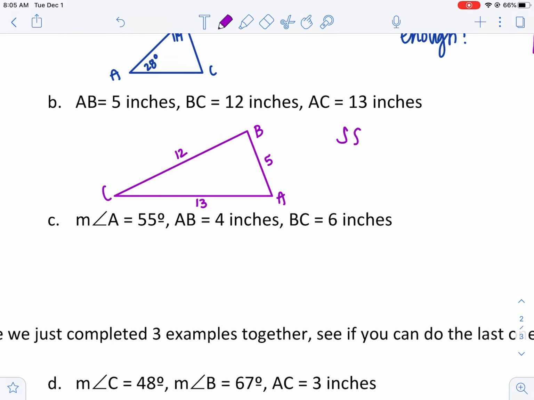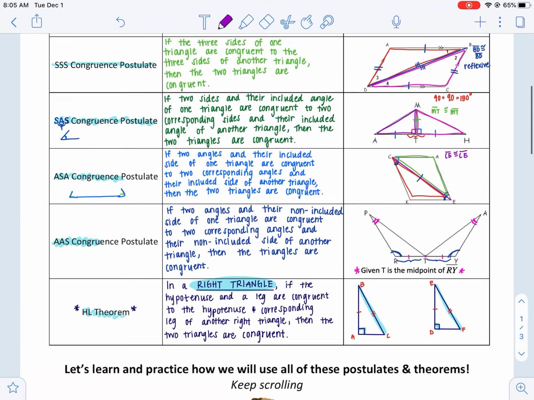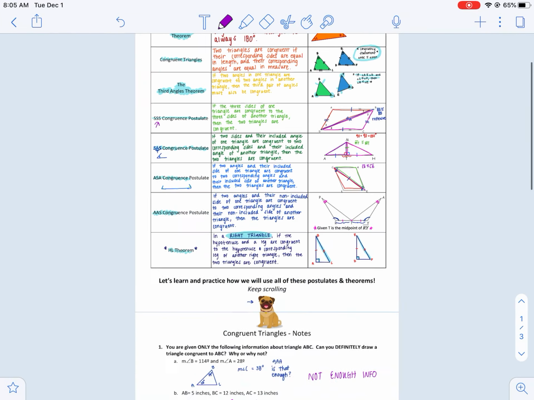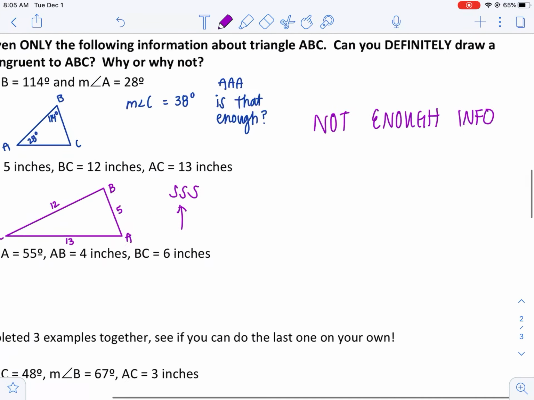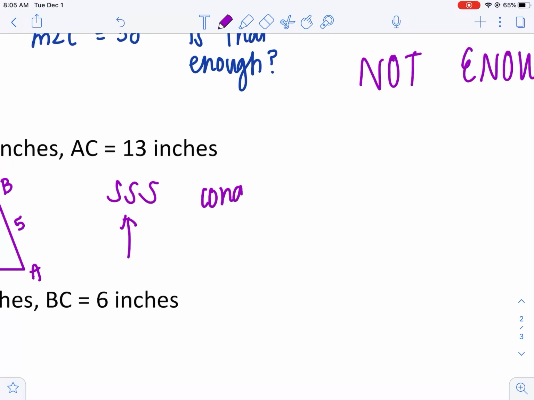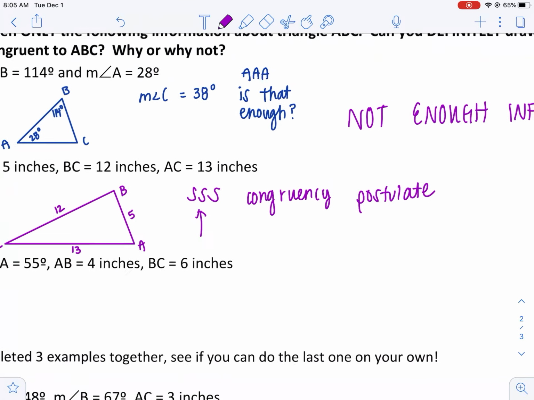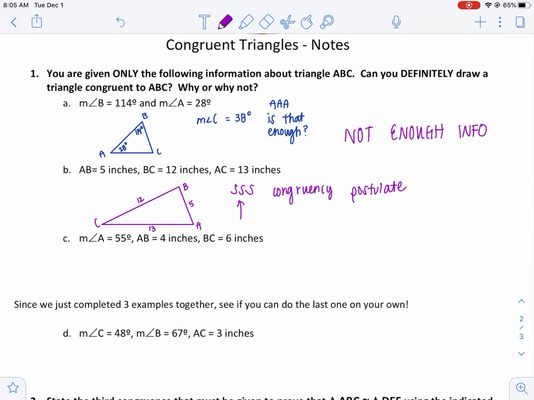That's a side length, and another side length. Is this enough information? It sure is. We're using the side congruency postulate. Perfect. All right, next up.